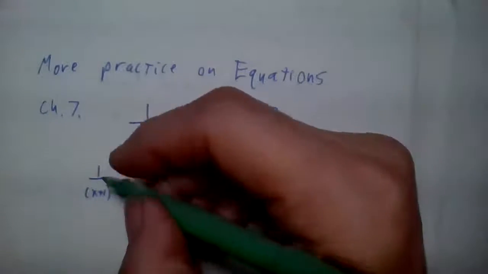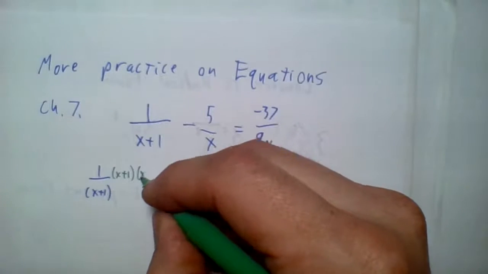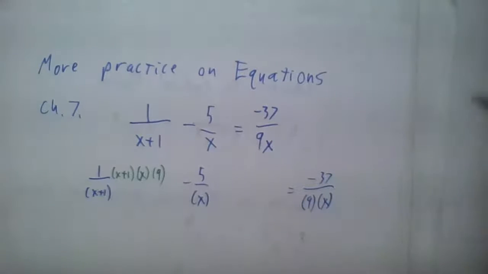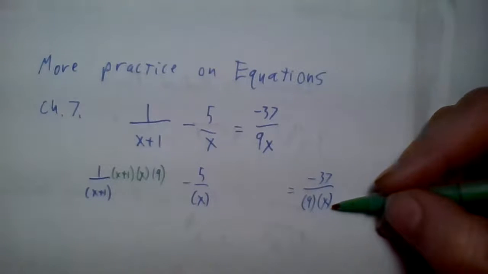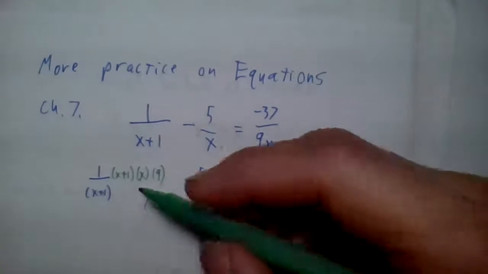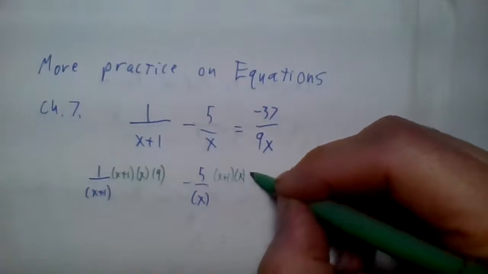So it's got to have an x plus 1. It's got to have an x. It's got to have a 9 because their factors are the denominator. I don't have to put another x because I've got x already. Right? That's already contained in there. So I'm good on that. That's my common multiple, x plus 1, x, 9. I'm just going to write them all separately.